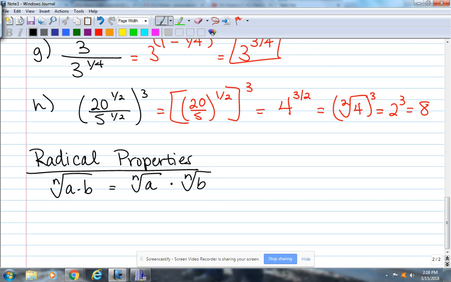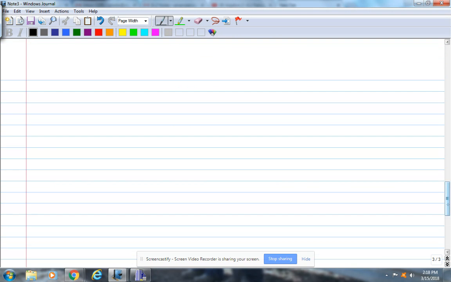If you have two things multiplied together, you can separate them. And same way with a fraction, if you take the nth root of a whole entire fraction, that means you can take the nth root of the numerator and separate it from the nth root of the denominator. So those are just some common properties with radicals.